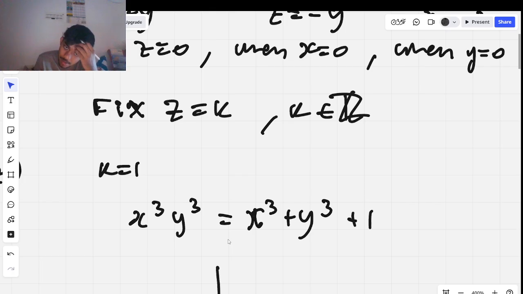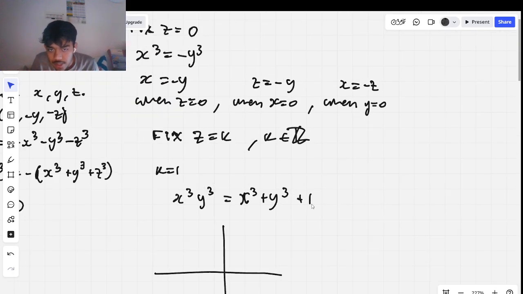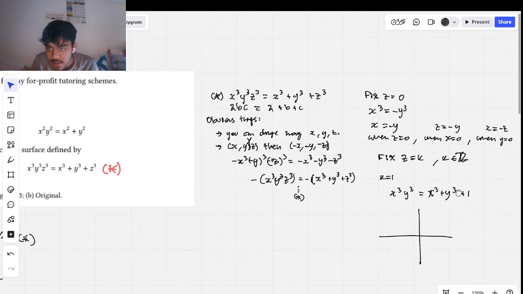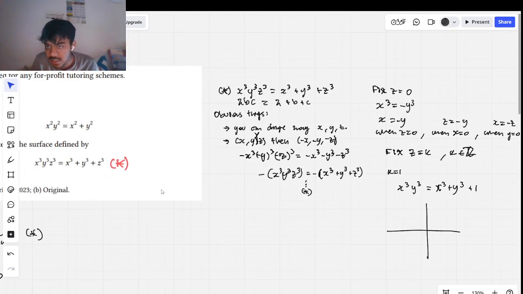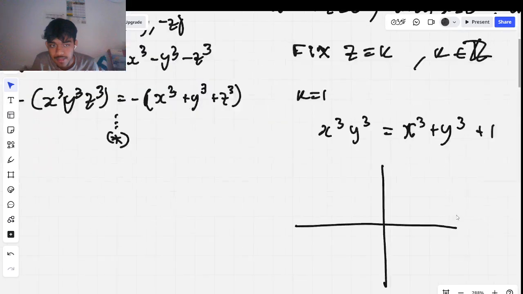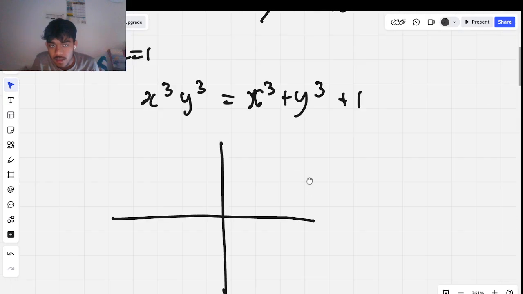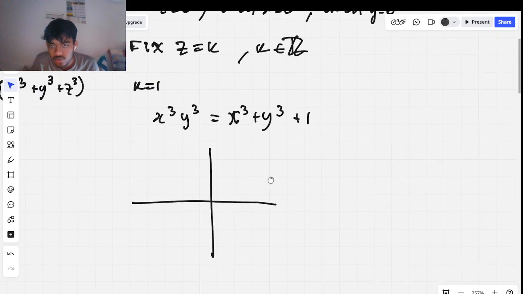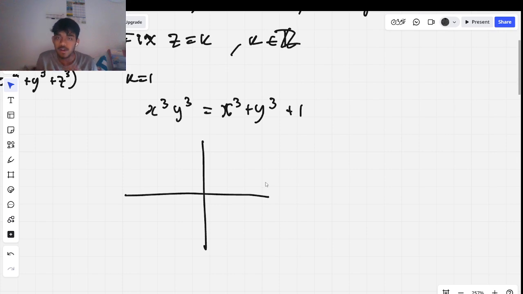How on earth am I meant to do this? This is very similar if you ignore the one there to your previous part. So these two parts might be connected somehow, somewhere. I am staring at this and I can't really think.